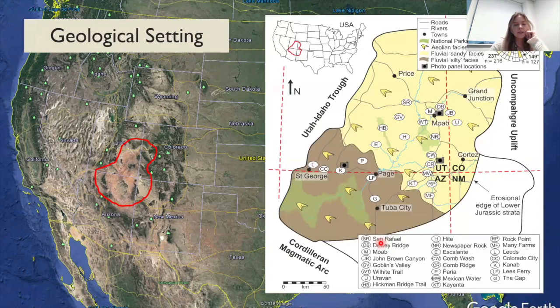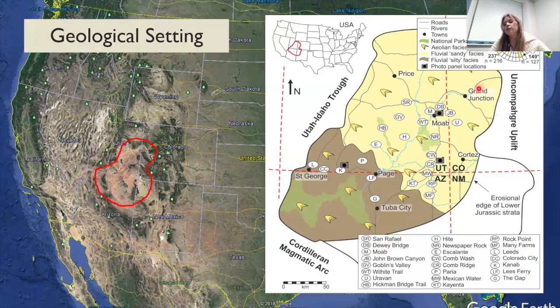We did several field seasons out there. We collected lots of sedimentary logs, lots of paleocurrents, and, what's important for today, we also collected some virtual outcrop models using the drone.